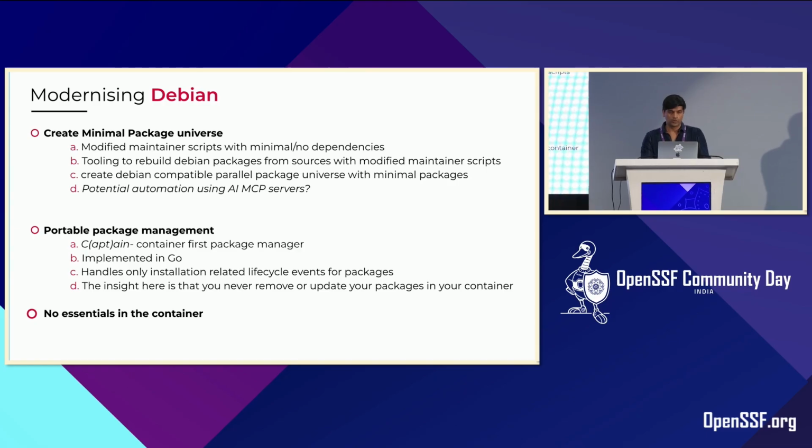So to summarize, you need a minimal package universe and a portable package management stack, as well as no essential. To achieve this, we need to build all the packages from source and modify or build them in such a way that the dependency tree is absolute minimal.